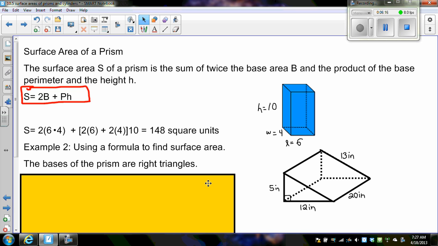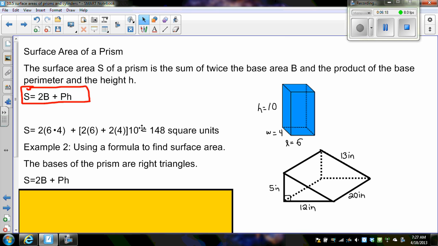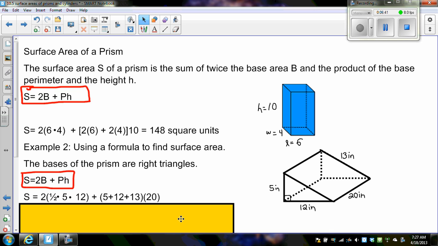And they're right triangles. So the equation for when you have a triangle is the same. But remember, when we're finding the area of the base of a triangle, it's different than when it's a rectangle. Instead, it's base times height times 1/2.